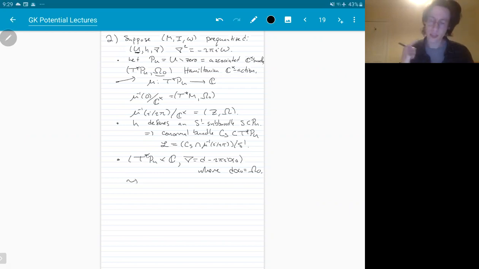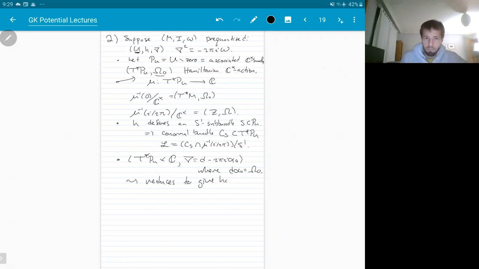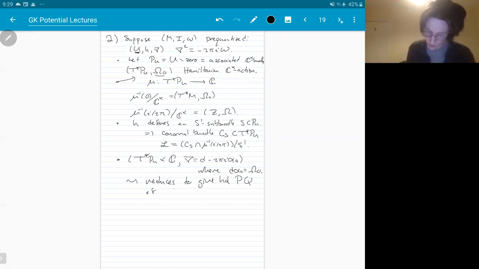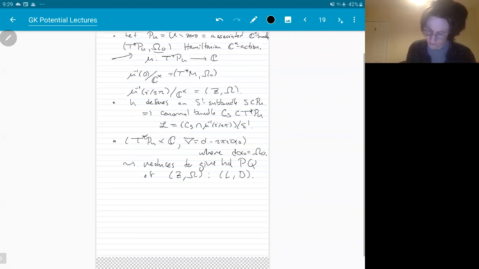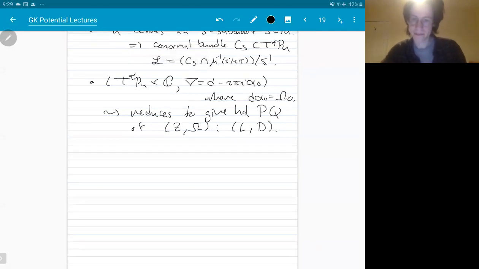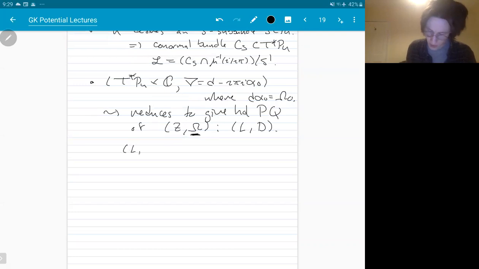There's a quantization condition, but it reduces for certain values of the moment map, and so it reduces to give a holomorphic pre-quantization of Z omega. Let me call it L_D. So this is a holomorphic line bundle with a holomorphic connection whose curvature is omega.